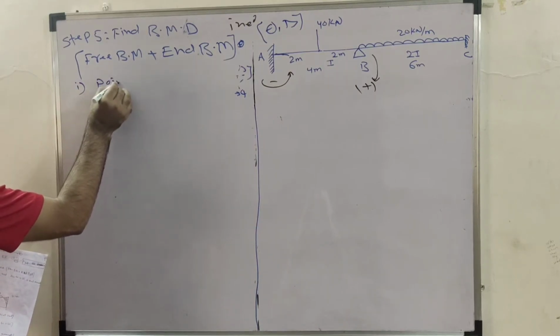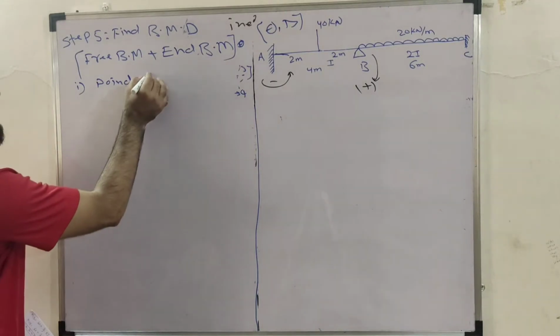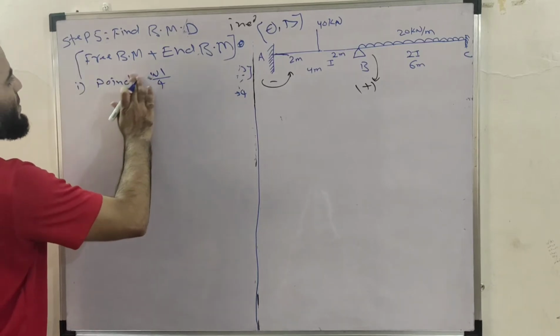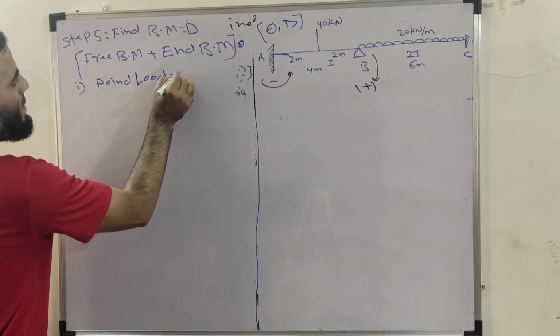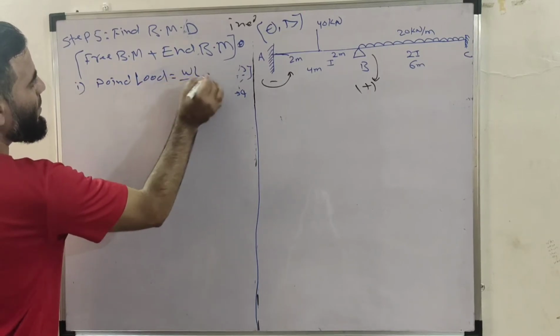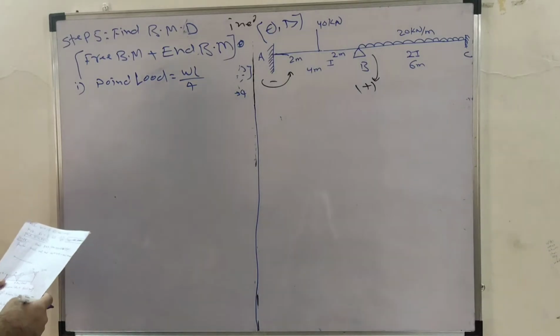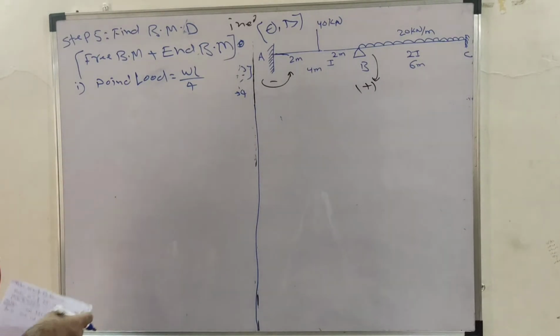For the point load, what is the formula? WL by 4. For the point load, the formula is WL by 4. This is the free bending moment due to the point load.